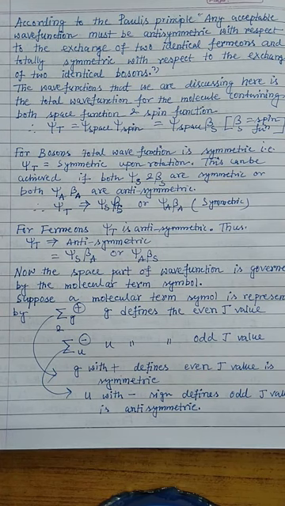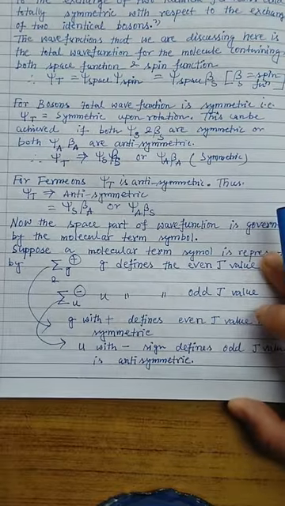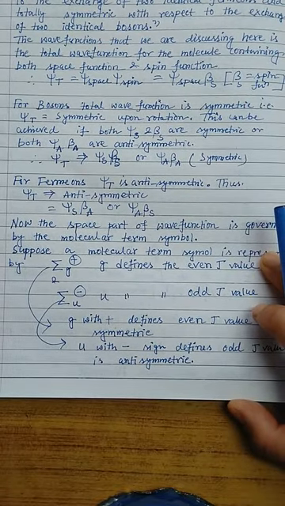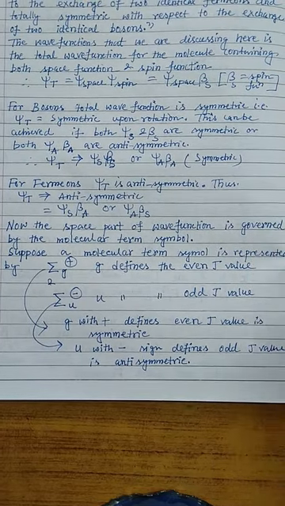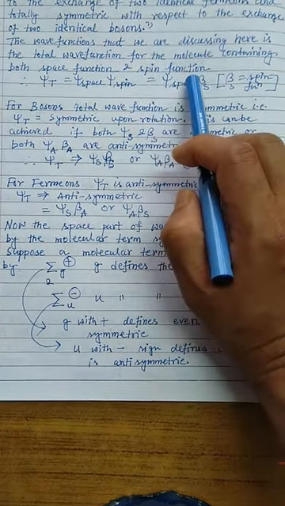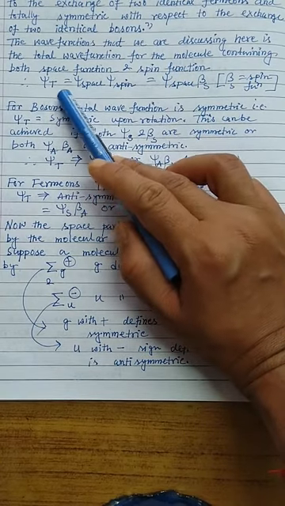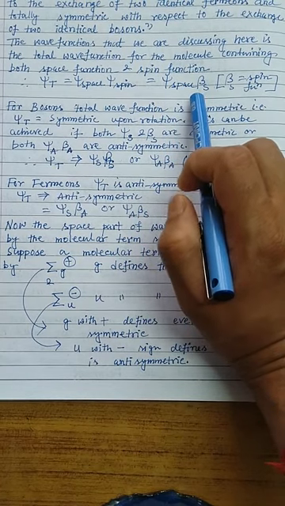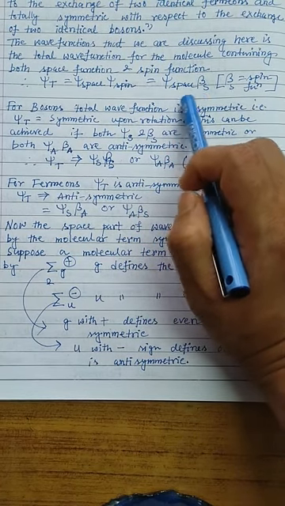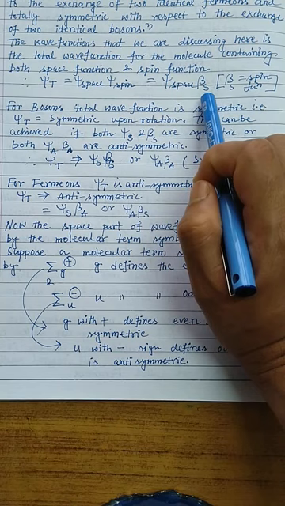And if the molecule consists of fermion particles, then after rotation the wave function should be the negative of the initial one. The wave function we are discussing here is the total wave function of the molecule, containing both the space function and the spin function. Psi total consists of psi space and psi spin, and generally we denote psi spin by the letter beta, so psi total is psi space times beta, where beta s is the spin.